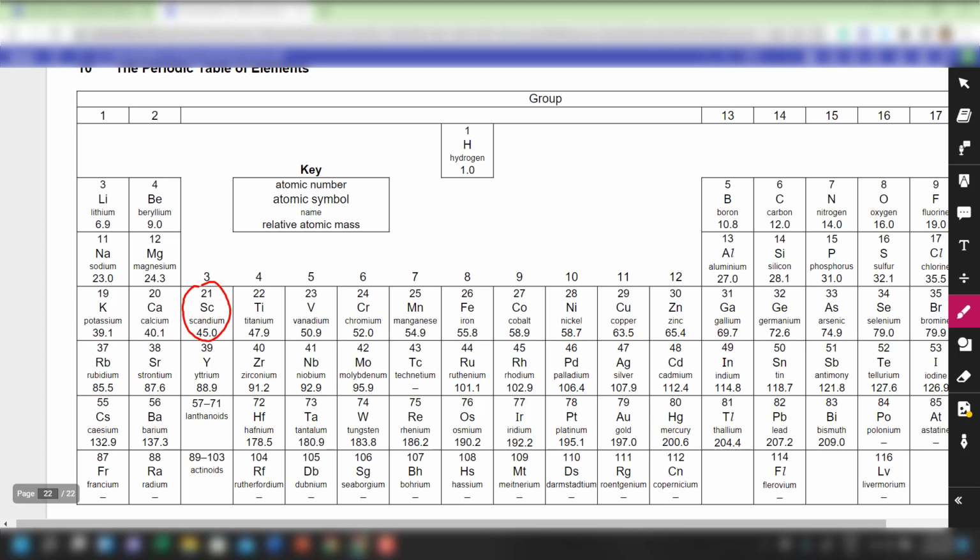Scandium 3+ has the electronic configuration of argon, which does not have a partially filled 3d subshell. So scandium does not qualify to be a transition element by definition.